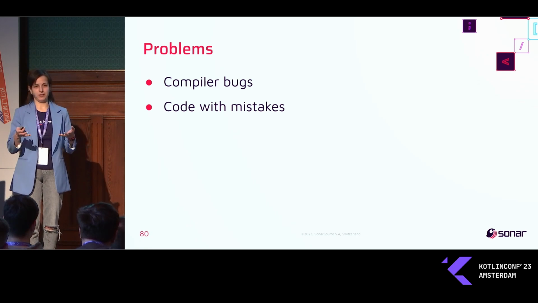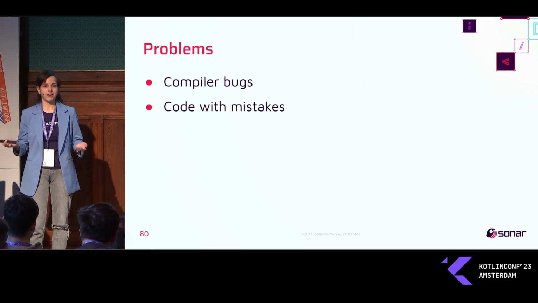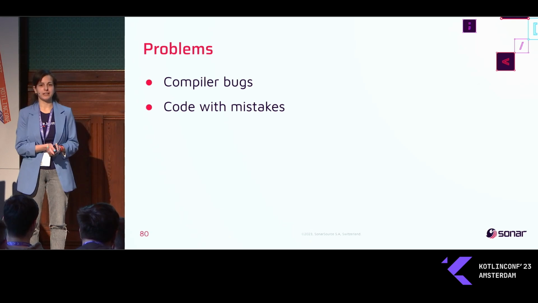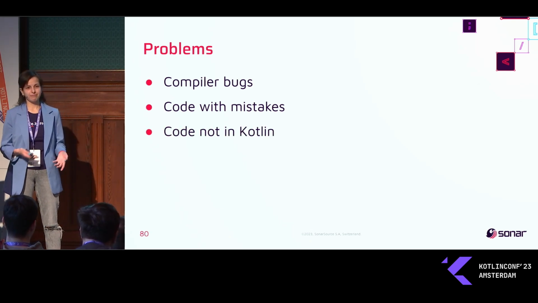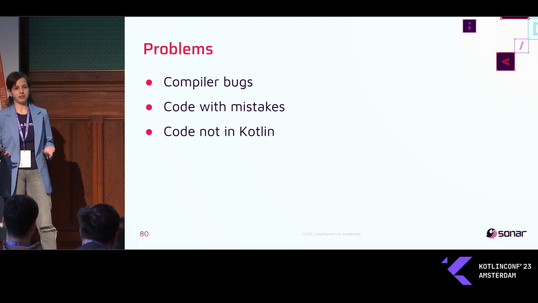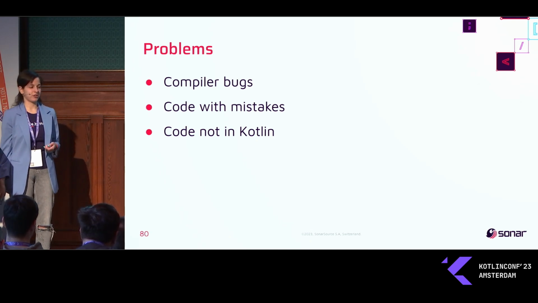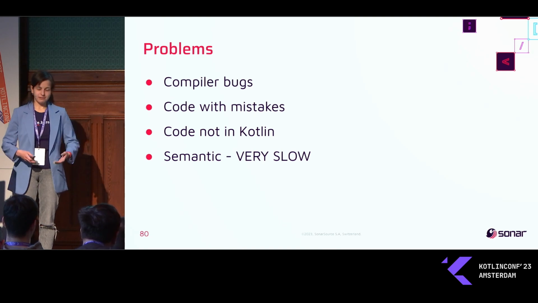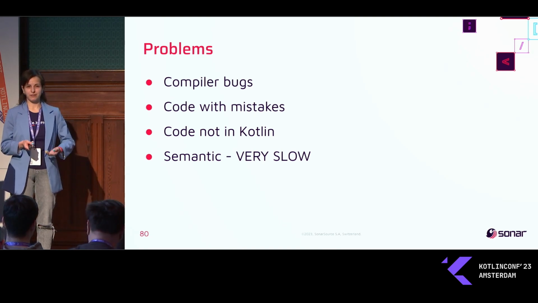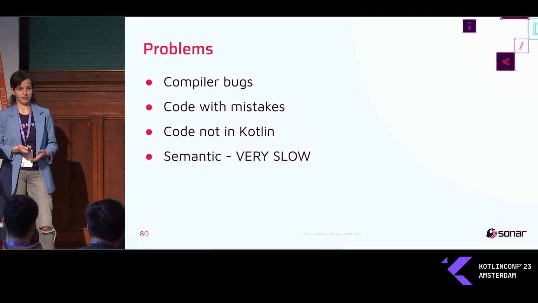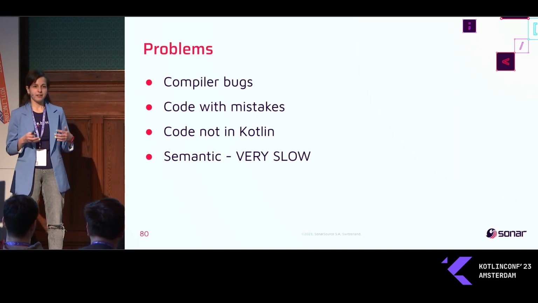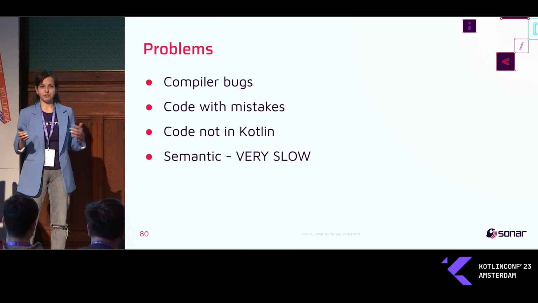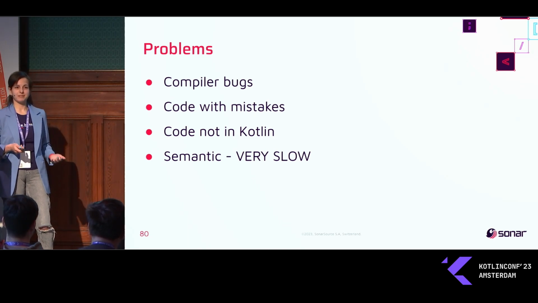But because there was a mistake, we'll have some false negatives in our rule. Then code might not be written in Kotlin. It would still be nice maybe to report it, but our current approach doesn't do that. And the biggest problem, it was extremely slow, because generating a semantic model is a very expensive operation, and doing it hundreds of thousands of times takes time.